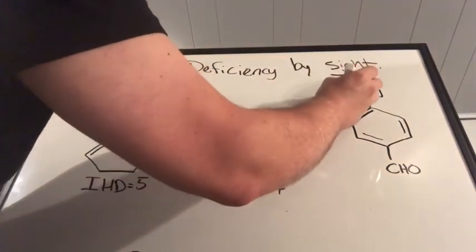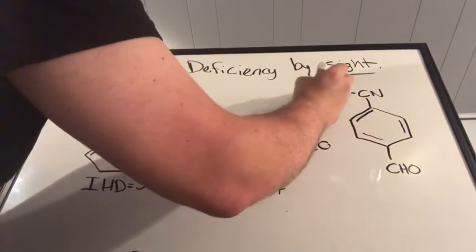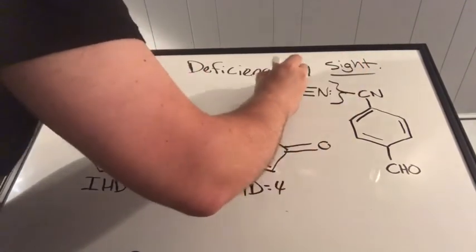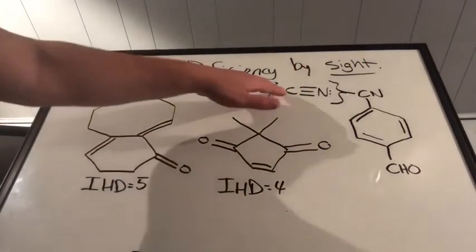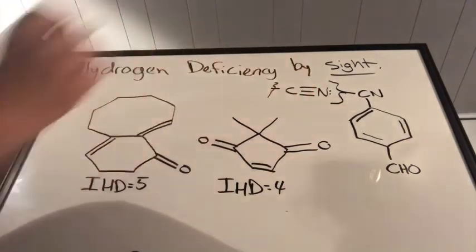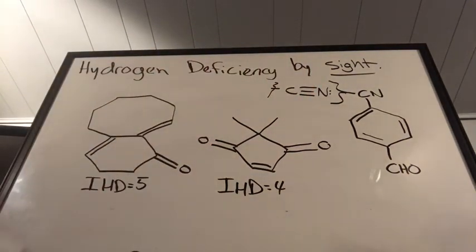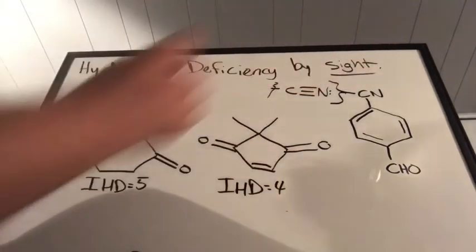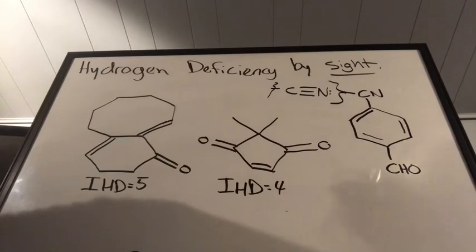So this is going to actually look like CN, right? So carbon's going to be singly bound to that phenyl ring junction, and you're going to have 1, 2 pi bonds. So in other words, that's going to be an IHD of 2 for that particular moiety, right? Or portion of the molecule, functional group, whatever.